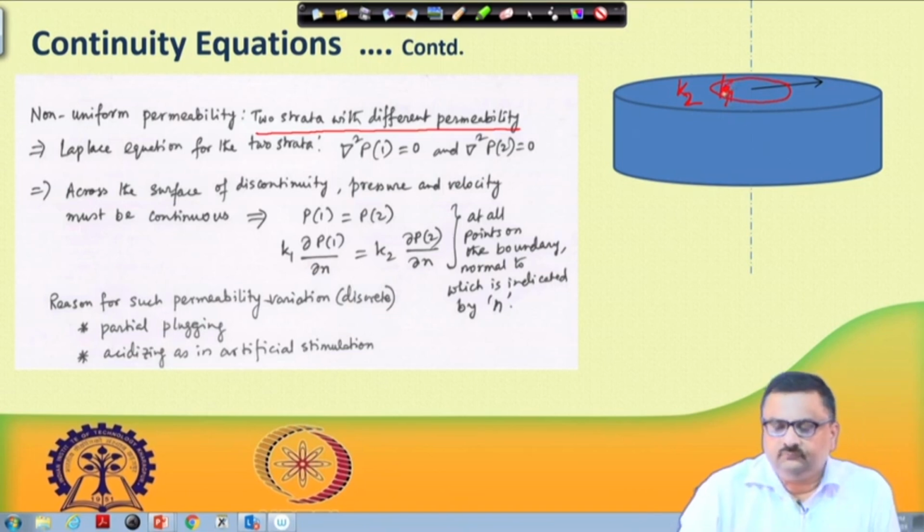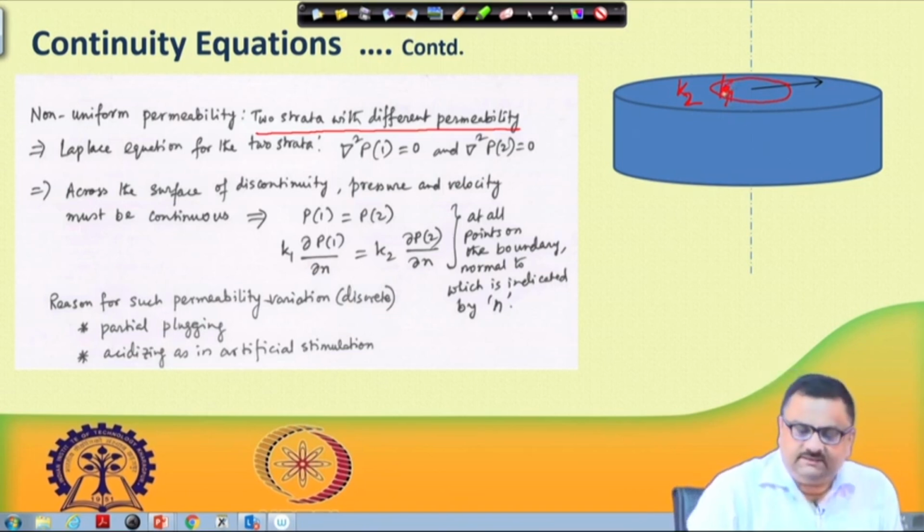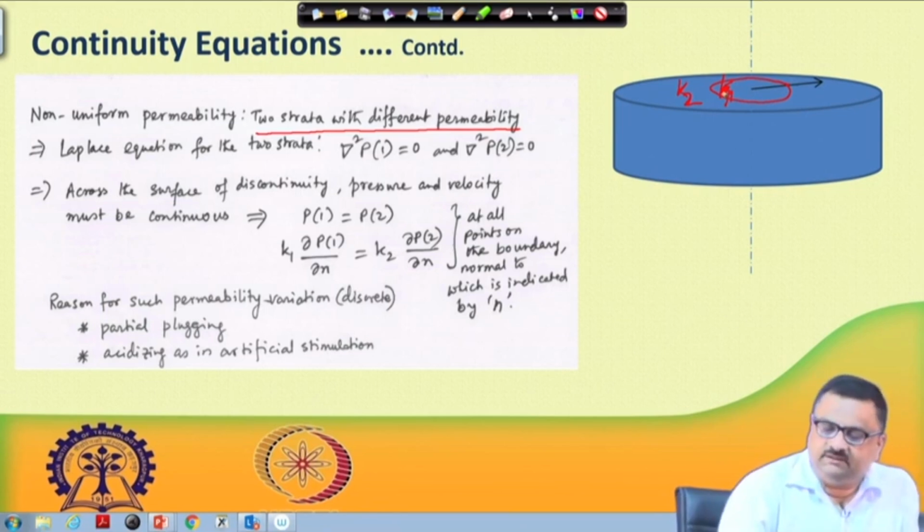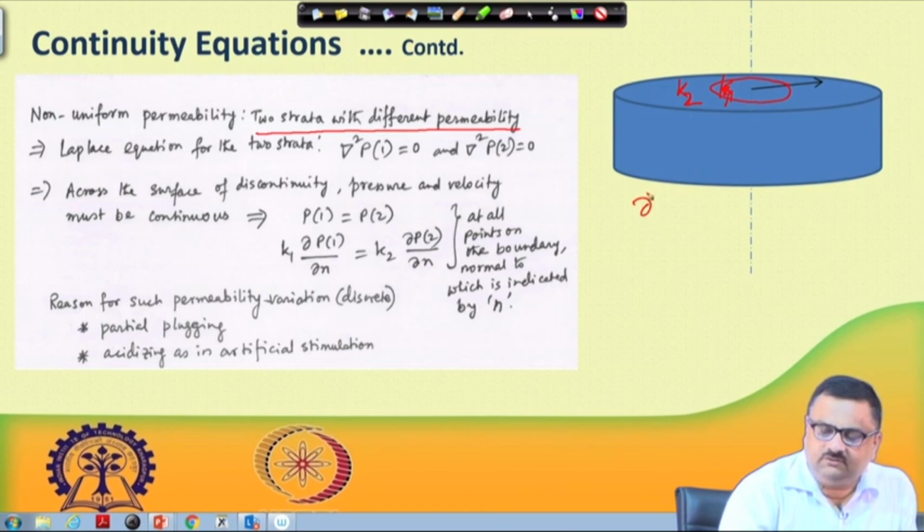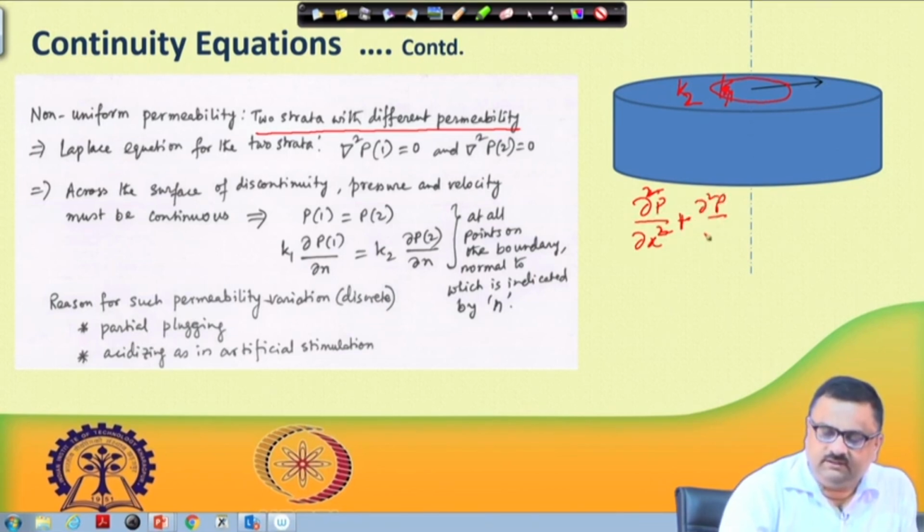So, in this case, first of all we had this Laplace equation, right. When we had uniform permeability, we know that we have to solve this equation. It was in Cartesian coordinates, del square p del x square plus del square p del y square, and if we are not considering the z direction, then this was supposed to be 0.